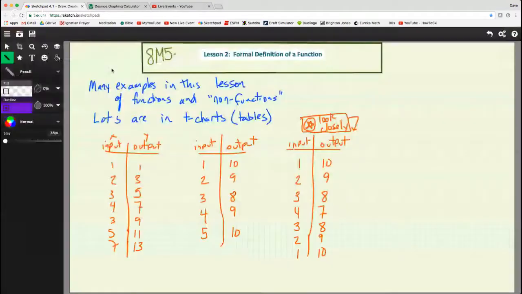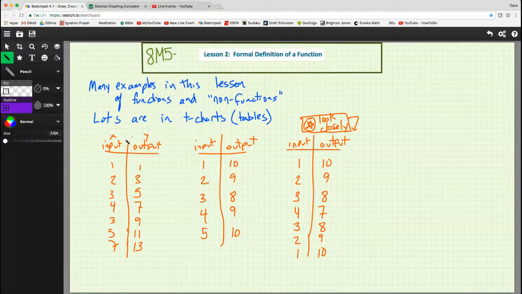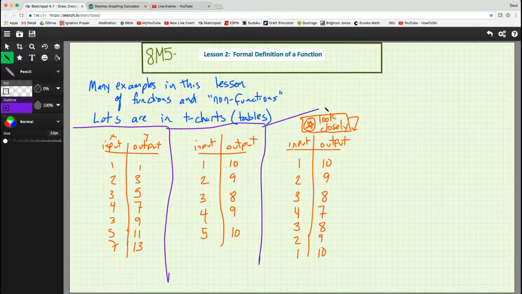So let's cut forward. There are many examples in the lesson of functions and non-functions, and lots are written in T-charts or tables. So let's look at these 3 examples. I call them T-charts because they have this T. Some people call these tables. They're tables of values. Either way, same thing.